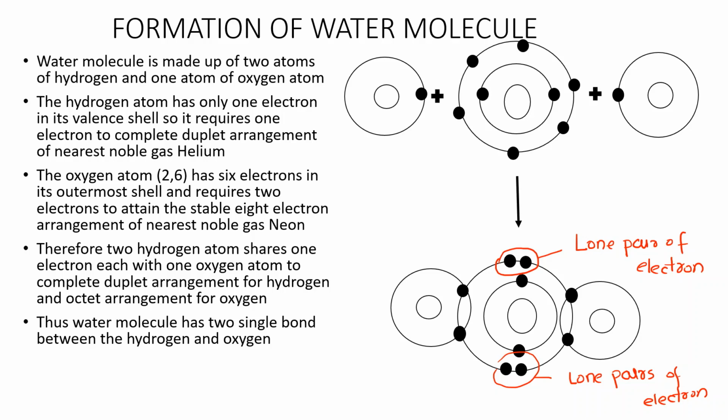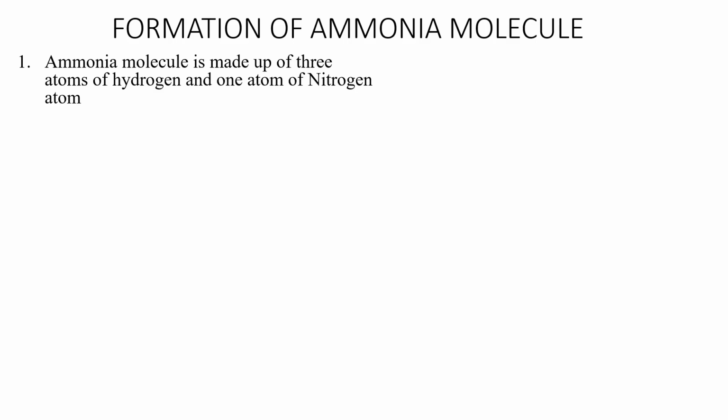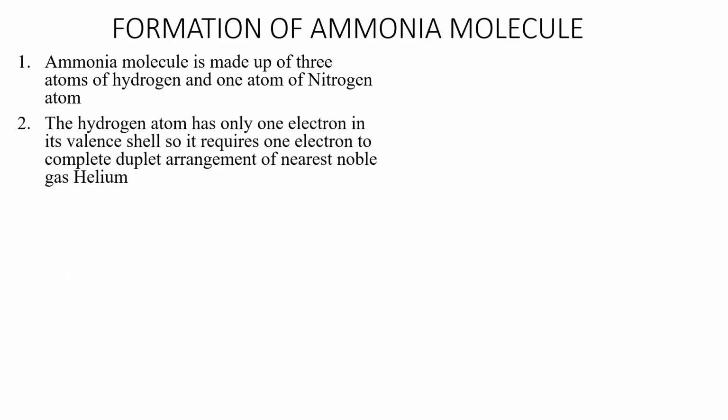Now, let us continue to study further the formation of ammonia molecule. Ammonia molecule is made up of 1 atom of nitrogen and 3 atoms of hydrogen. Hydrogen atom has got 1 electron in its outermost shell, so by sharing electron with nitrogen, it completes the stable electronic configuration of helium and attains stability.